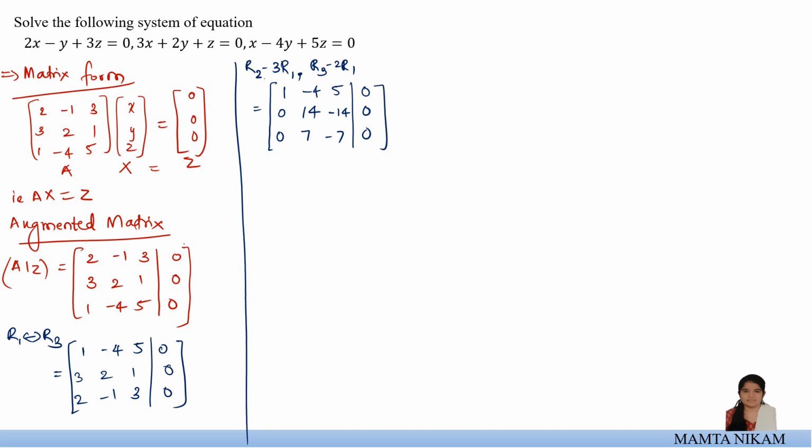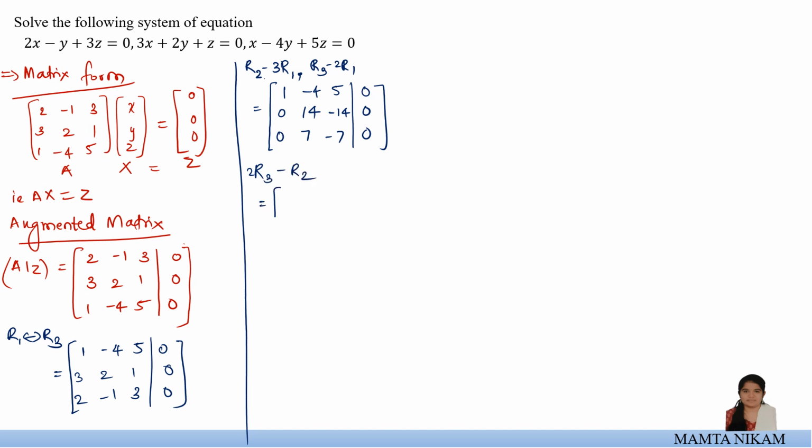Further, now if you observe, 7 and 14 are multiples, so we can perform the transformation as 2R3. Instead of interchanging, taking the bigger term on the down is not necessary. So 2R3 minus R2 भी कर सकते हैं.